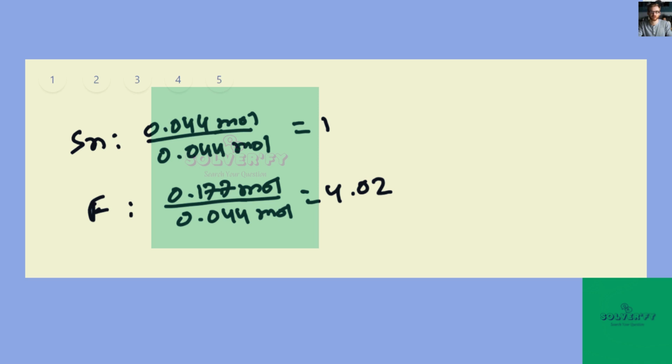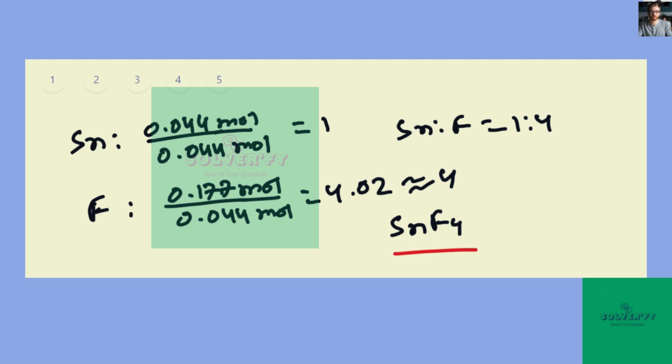Since it's very close to 4, we can write it as 4. So the ratio of Sn and F here is 1 is to 4. That means the empirical formula will be, since we have 1 Sn, we write Sn, and we have 4 fluorine, and 4 will go as a subscript of F. So the empirical formula for this compound is SnF4.